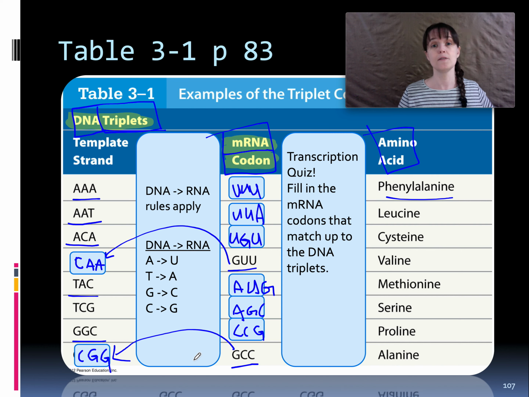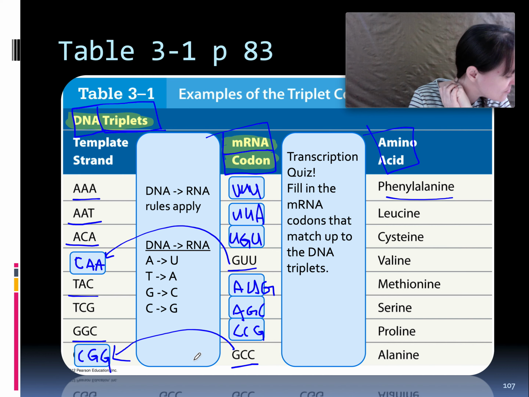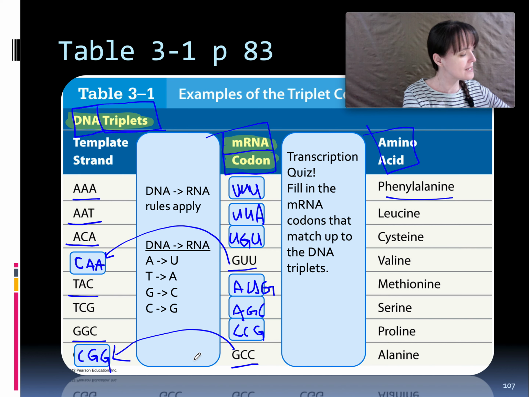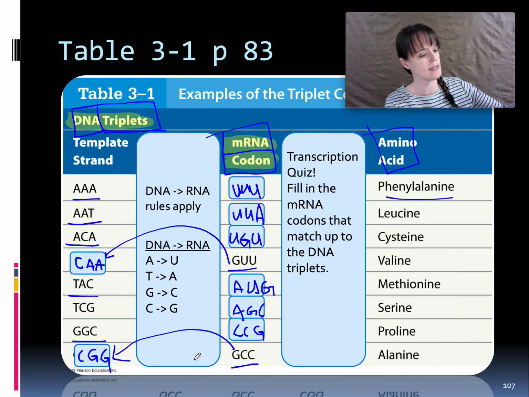All right, well, this feels like 15, 20 minutes, and I've not put a timer on for a while. I don't think I put a timer on today. We are about to lose the light, so this might be enough videos for the day. We can come back with the next video and talk about translation from mRNA into a polypeptide.